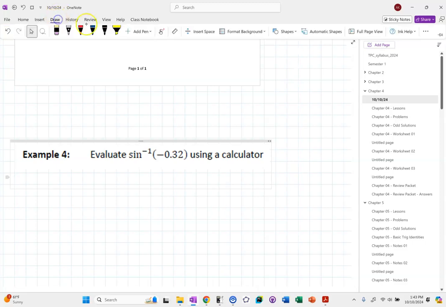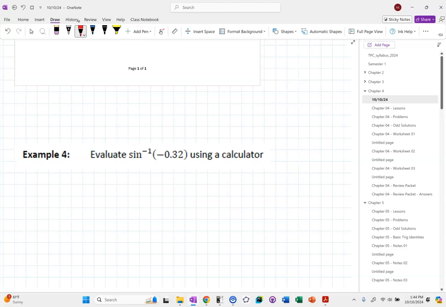So our next one says evaluate sine inverse of negative 0.32 using a calculator. Even if I didn't have the calculator instruction here, I should be able to look at this and know that this is going to be a calculator problem.